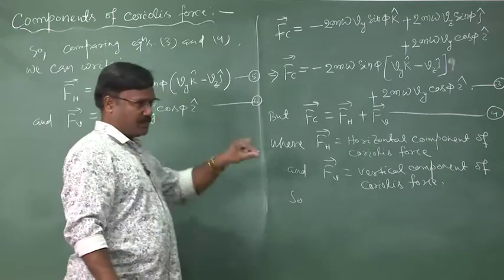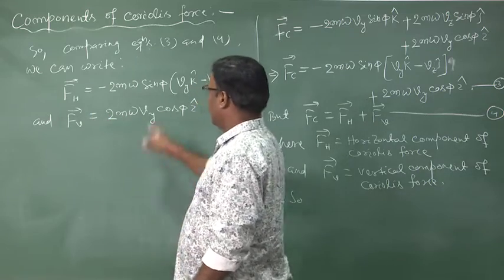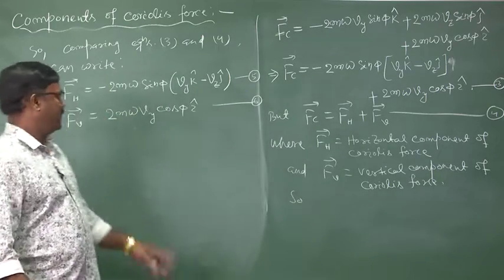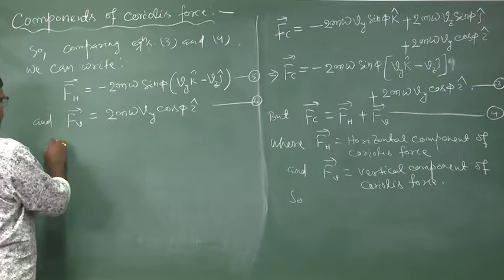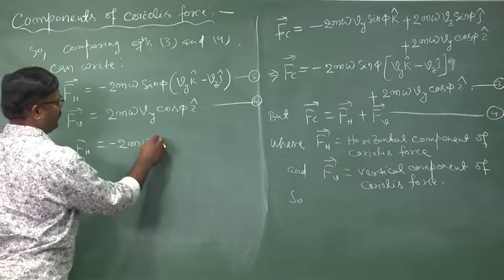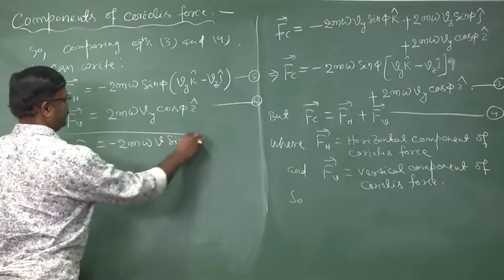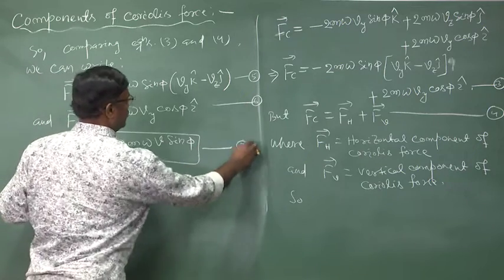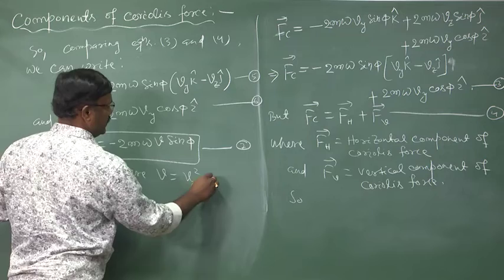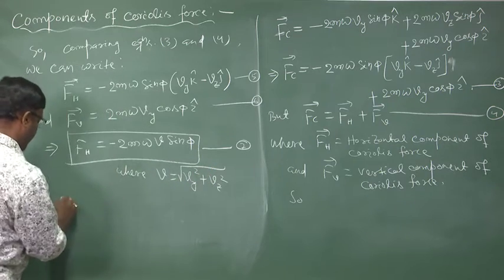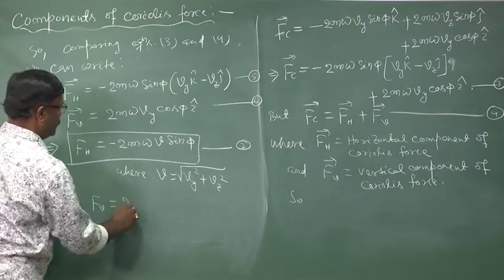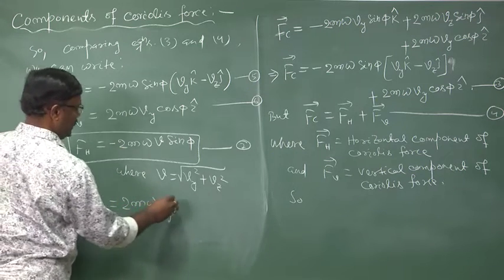So, these two expressions represent the horizontal component and the vertical component of Coriolis force, and from this we can write Fh is equal to minus 2m omega V sin phi, where V is equal to the square root of Vy square plus Vz square, and Fv is equal to 2m omega Vy cos phi.